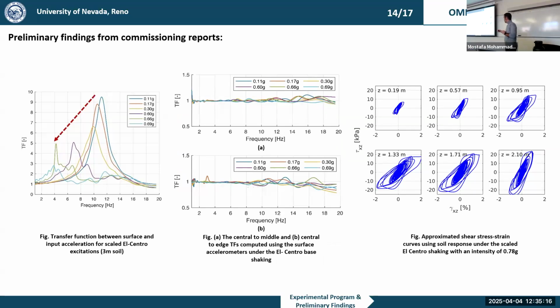The other scientific check that we have done: we only had the acceleration responses. So we used a method which was proposed by Zeghal. We back-calculated the stress-strain curves based on the acceleration records. And what we were able to get was that the maximum shear strain of 2% was happening, which was consistent with what the commissioning report was telling us.